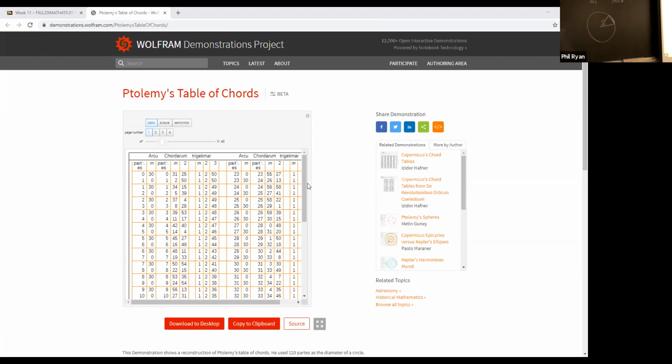That's what Ptolemy did just to make his computations easier. And then the third column here is what's used for interpolation. This tells you how much every minute adds to the arc length per minute that you add to the arc.